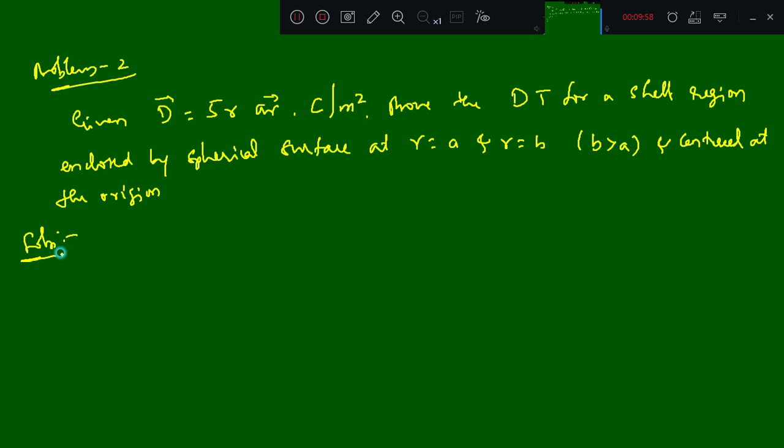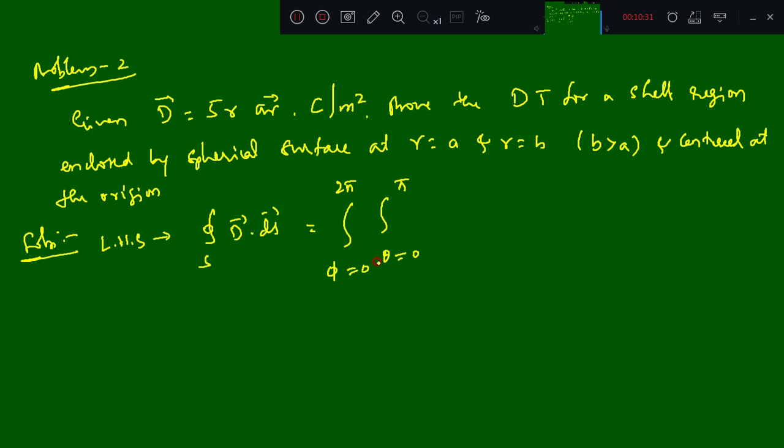So the solution is, again we have to find the integral of D dot dS, that is the first part. This is the LHS. It is a surface integral. Directly I am going to write phi ranging between 0 to 2 pi, theta ranges between 0 to pi.